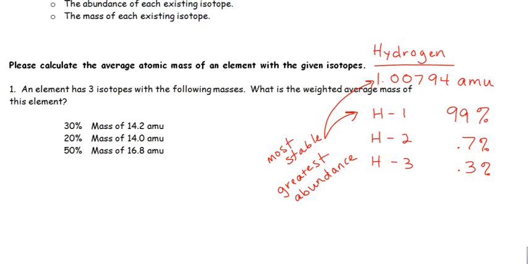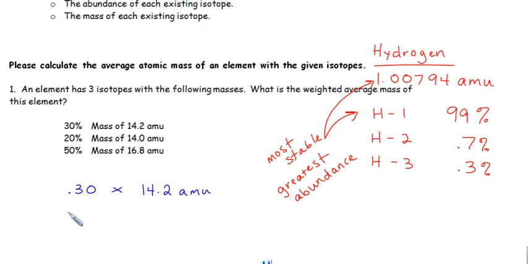To do this calculation and find the weight that would be listed on the periodic table, all we got to do is this. Take the percent as a decimal, 0.30, and multiply by that mass, 14.2 AMU.